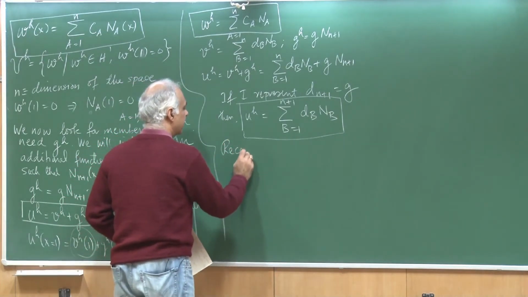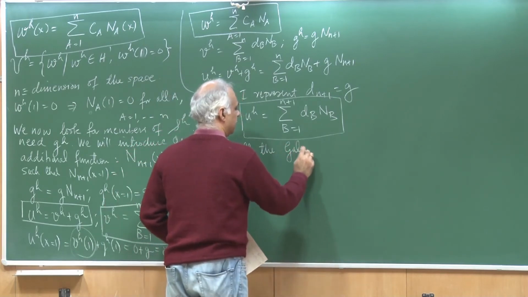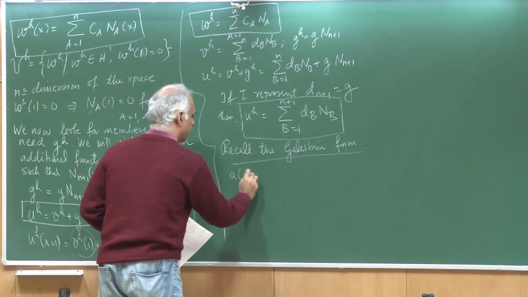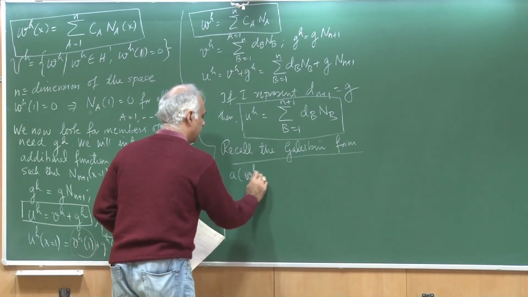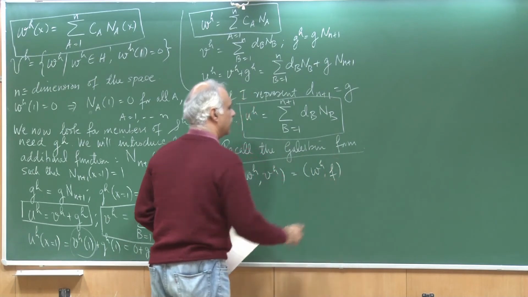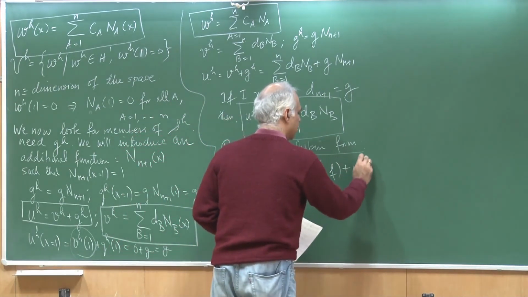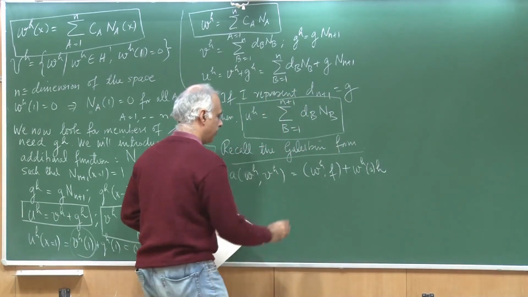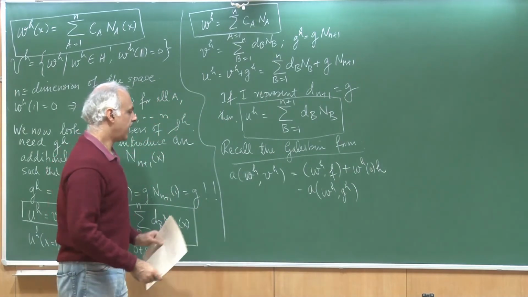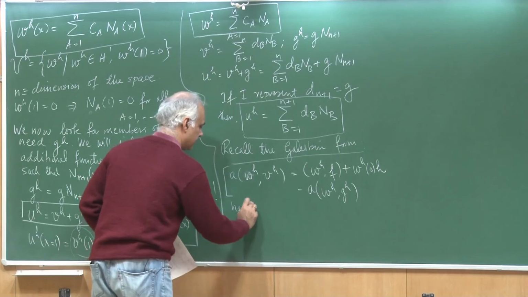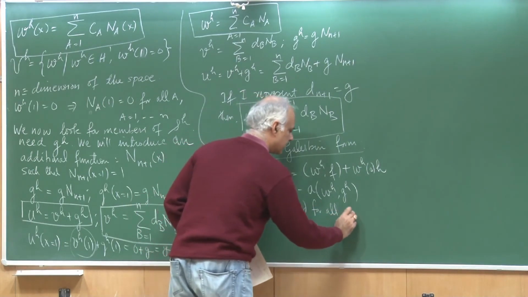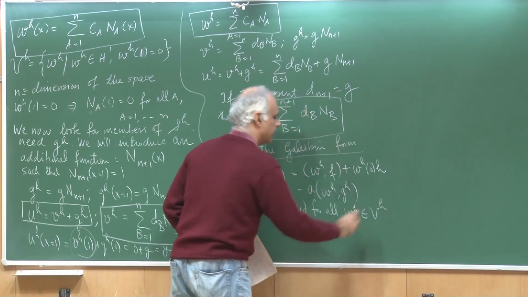So, let us recall the statement of Galerkin form. It was given as A of WH, VH, which was WH comma F plus WH at 0 times H minus A of WH, GH, and this has to be satisfied for all WH that belong to the space VH.